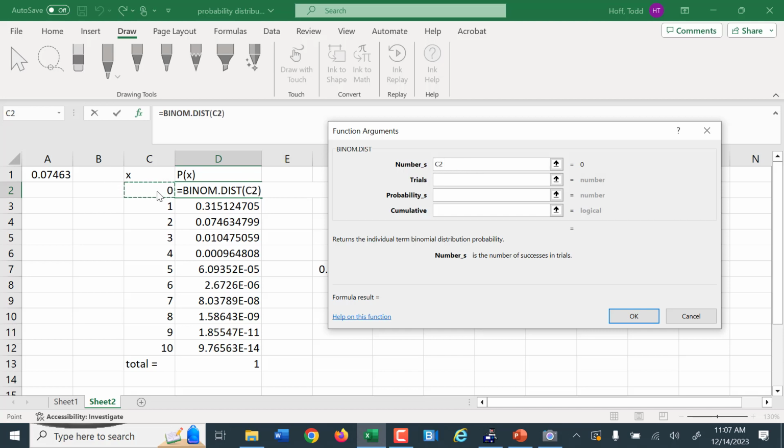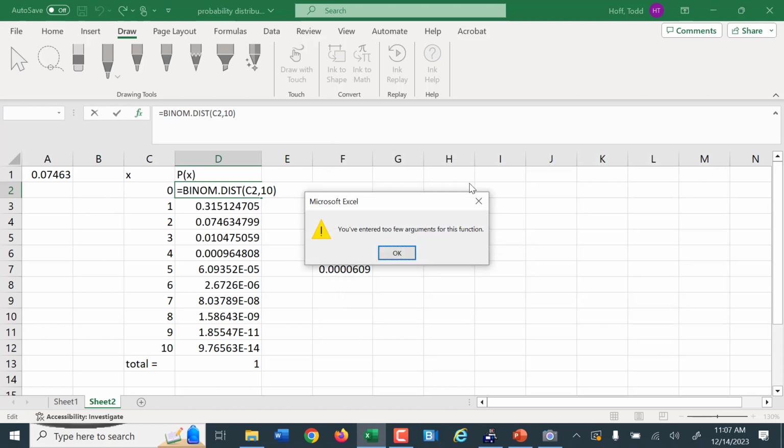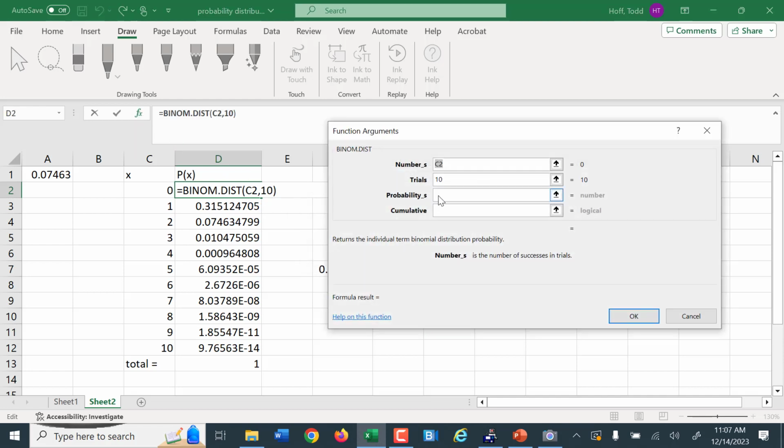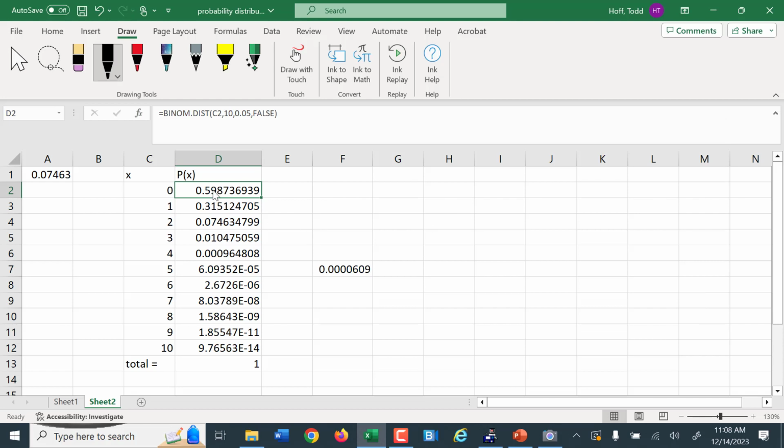Well, that's where I clicked on this. Or sorry, number of successes. That's where I clicked on that. Number of trials, I entered in the 10. Probability of, oops, I hit enter too soon. Probability of success is 0.05, and cumulative is false. Then I hit enter, and it gives me the same thing. All it is is a different way of entering these numbers into the formula by using the box that tells us what each item is.